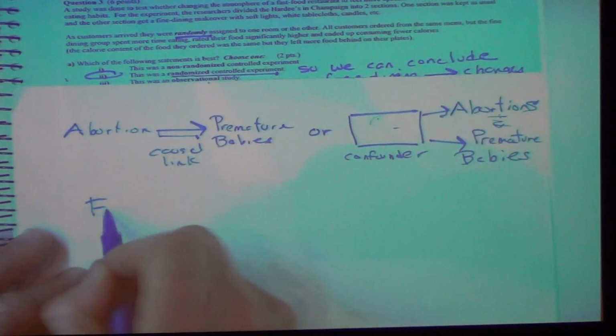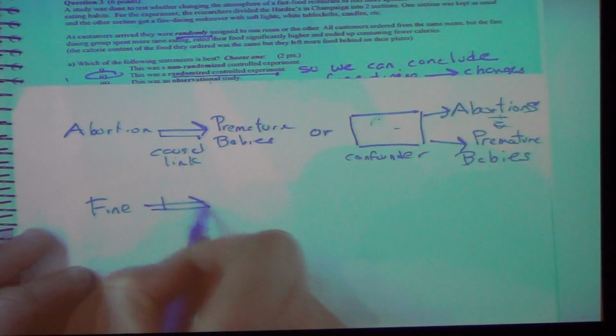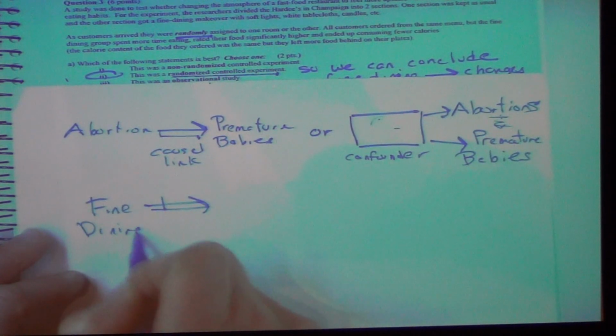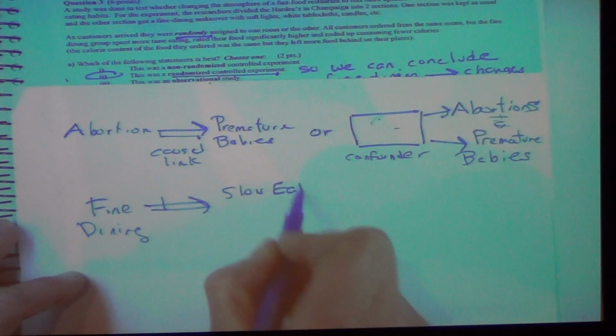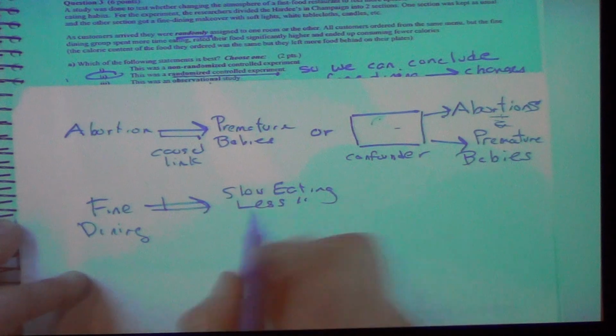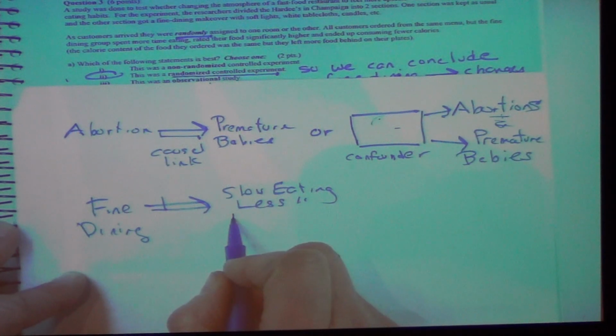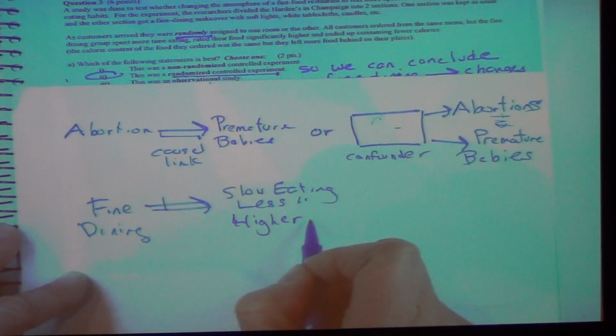We'd have fine dining leading to all those changes, like slow eating. What else was there? Slow eating, less food, less consumption, enjoying it more, longer time, higher ratings, you liked it better, higher ratings, etc.